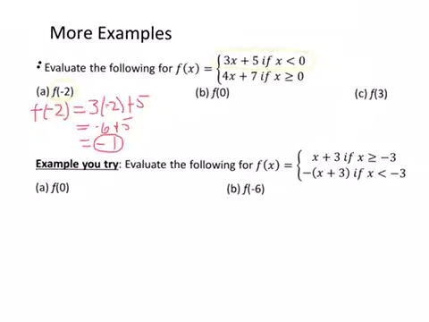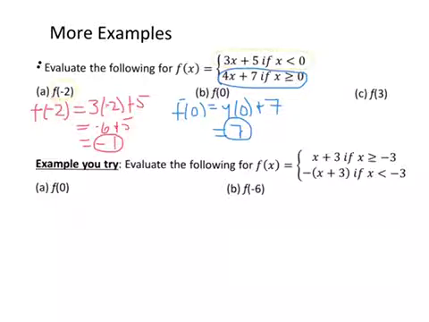If we look at b, we want to find f of 0. Well, 0 is greater than or equal to 0, so we're going to use the second equation to evaluate the function. So f of 0 equals 4 times 0 plus 7, which just gives us 7.